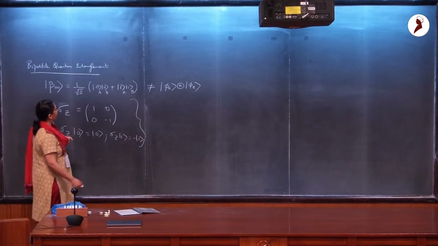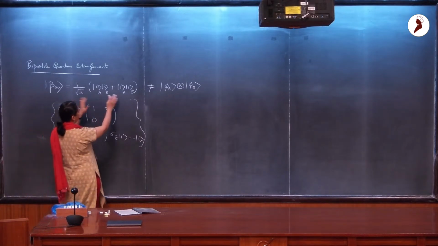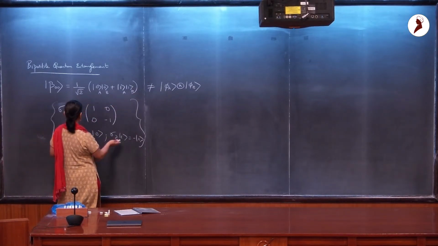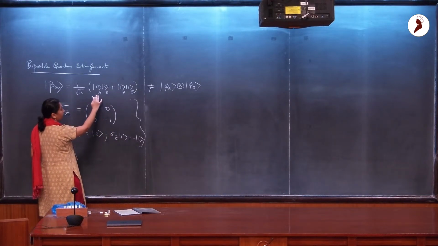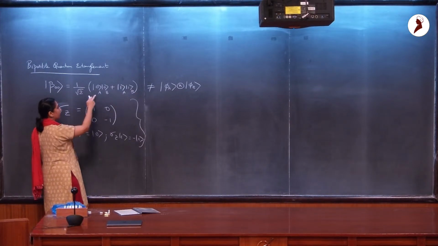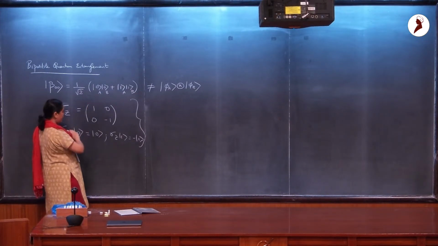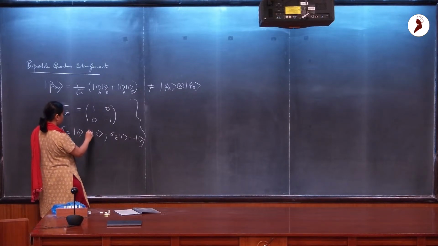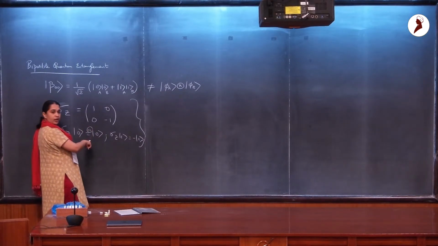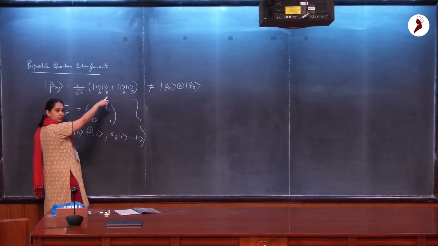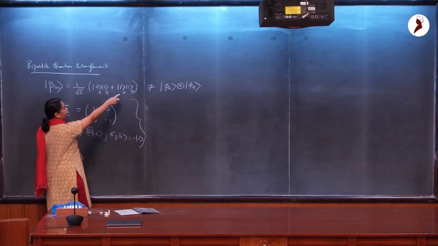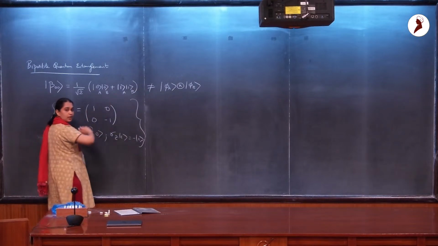And because I have written this out now in the sigma z eigenbasis, if in subsystem A somebody were to make a measurement of the sigma z observable and they get outcome +1, then the same outcome should occur in subsystem B as well. Similarly, if the outcome -1 was obtained, then the same outcome.